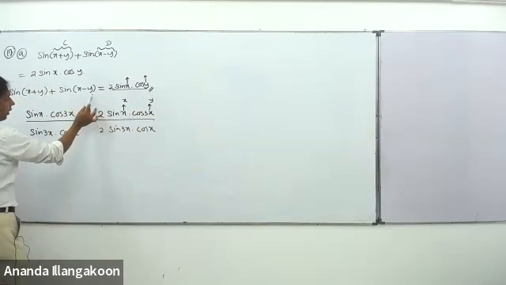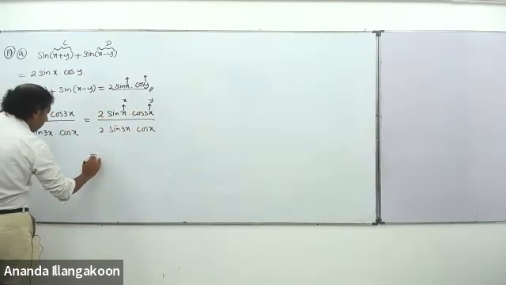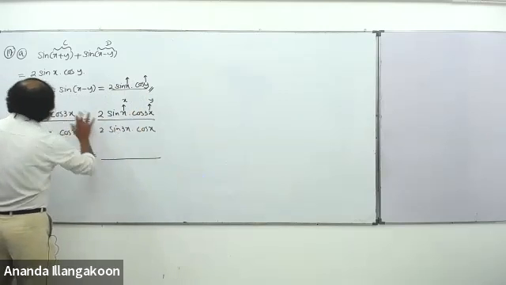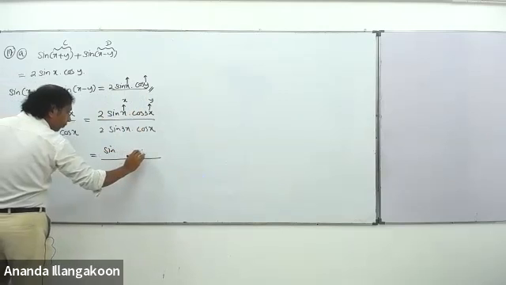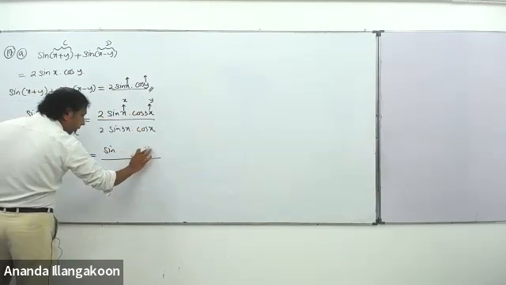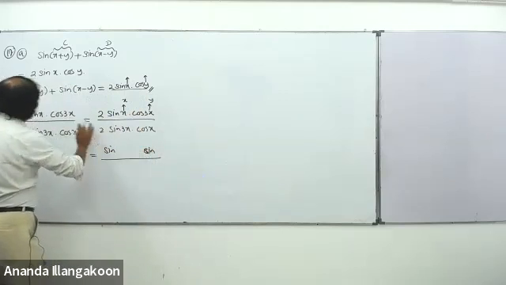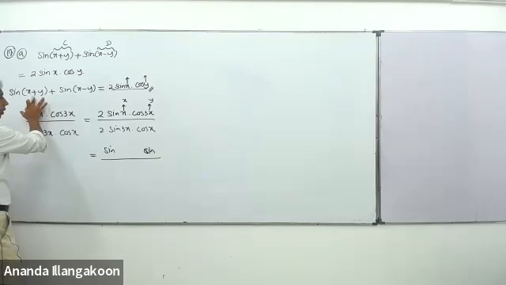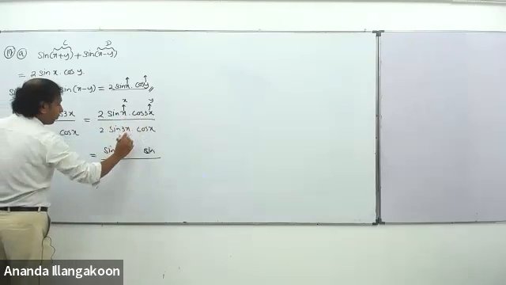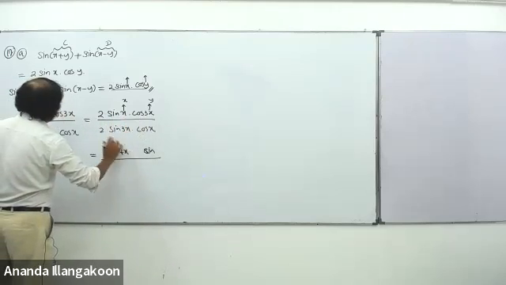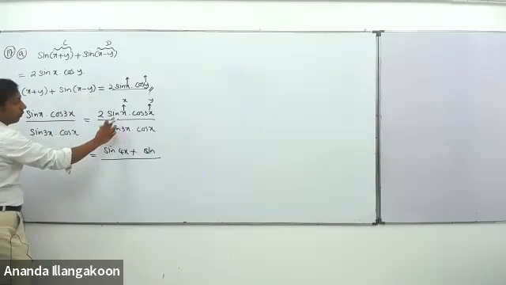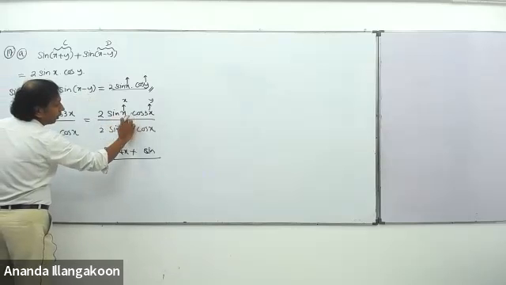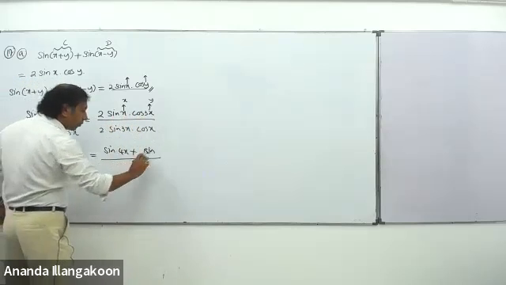Then for this product, we'll write this left hand side. How? Sin x plus y here. X, 3x sum 4x. Middle is plus. X minus y here. X minus 3x is minus 2x.